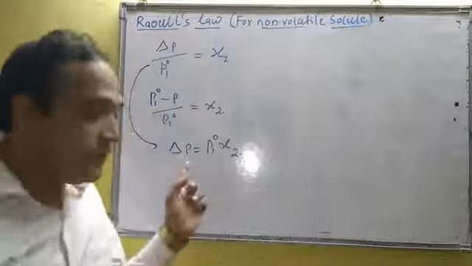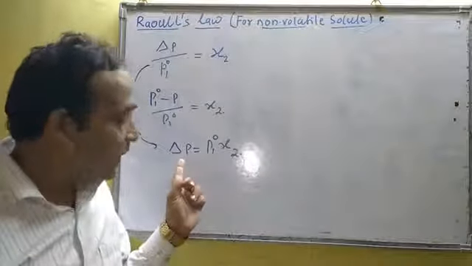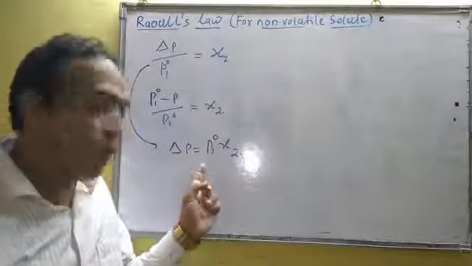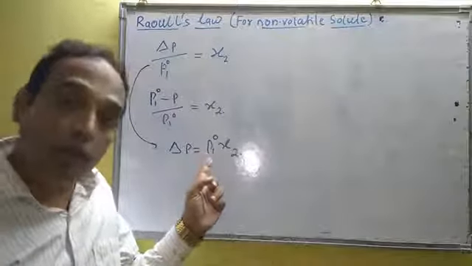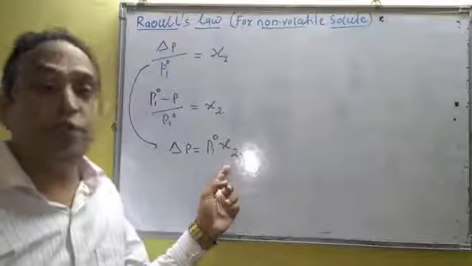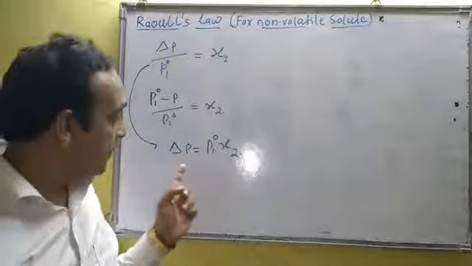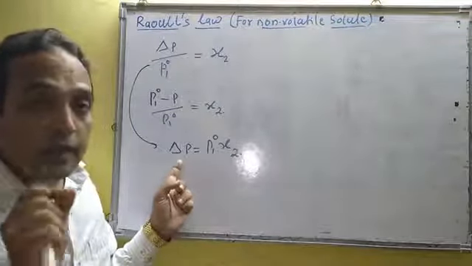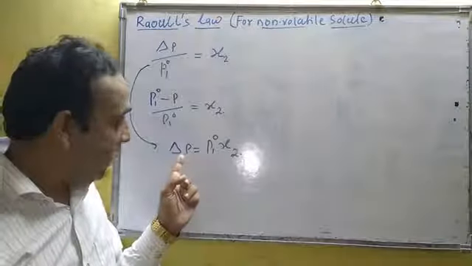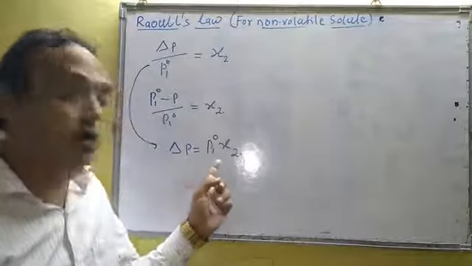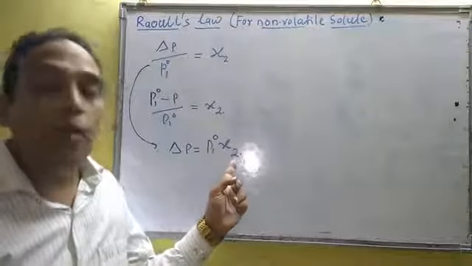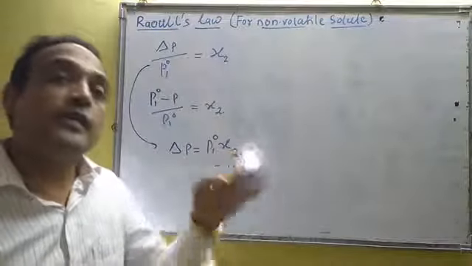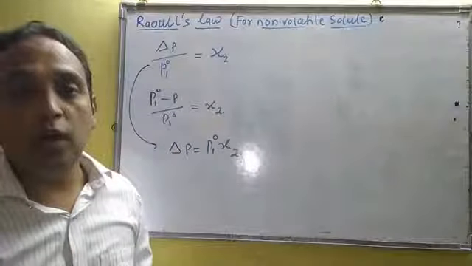So, by looking at this, one can say the lowering in vapor pressure is equal to the product of vapor pressure of solvent and mole fraction of solute. What can we say here? Delta P means lowering in vapor pressure is equal to the product of vapor pressure of solvent and mole fraction of solute. This is the third statement of Raoult's law.